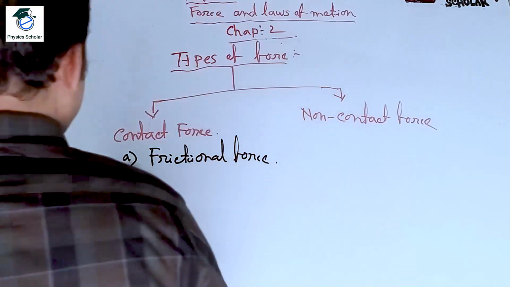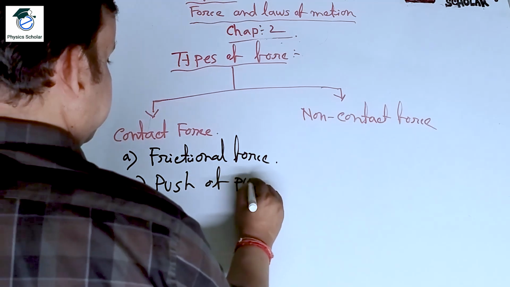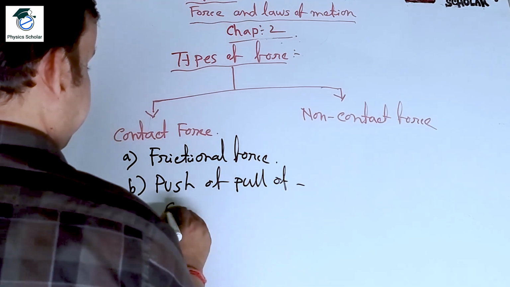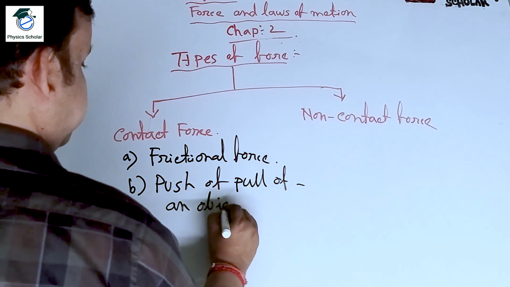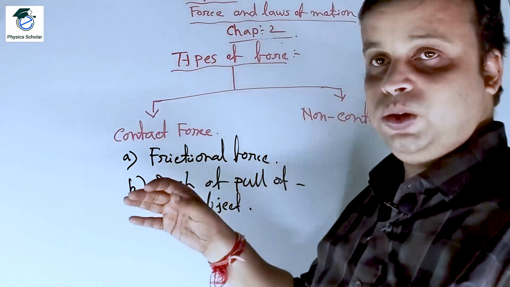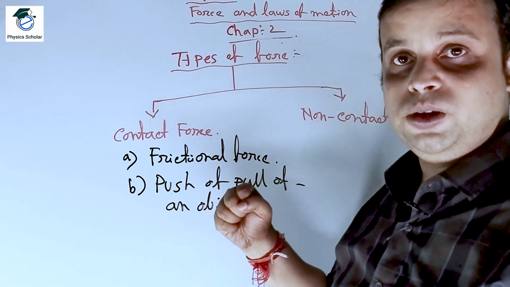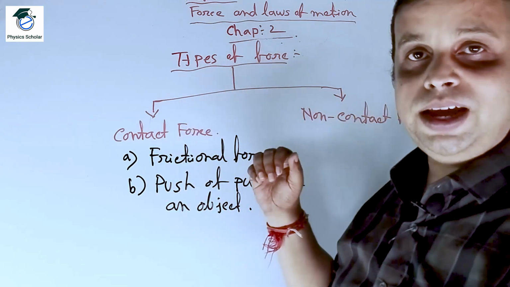So I can push or pull an object. Here to apply the force I have to touch the object. The muscular force is also an example of the contact force.